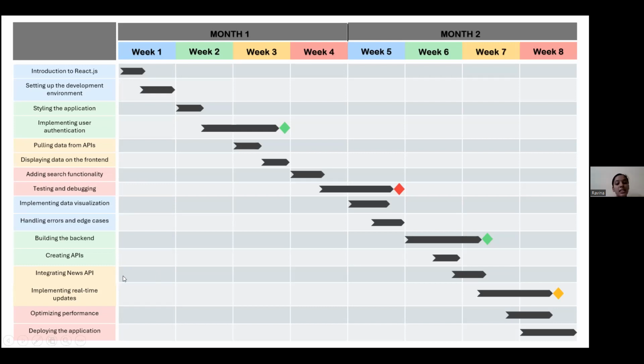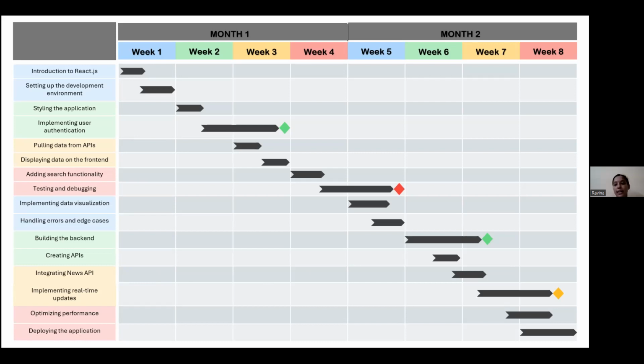Integrating news API. To save time for the last week, we are just rushing up in the 2 weeks before. So creating news API and implementing real-time updates. To make sure that we are up to date in our website, it takes a long time to implement news API.